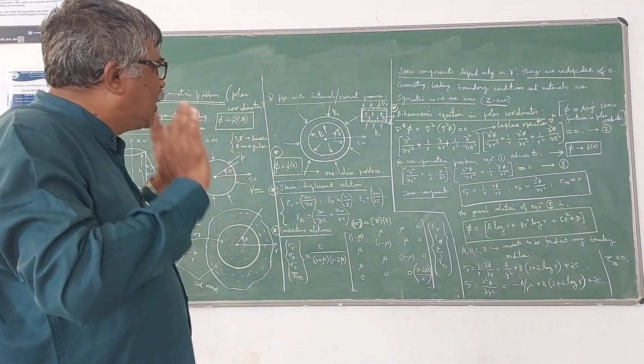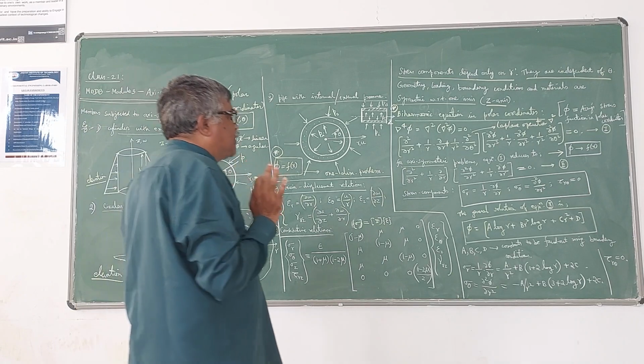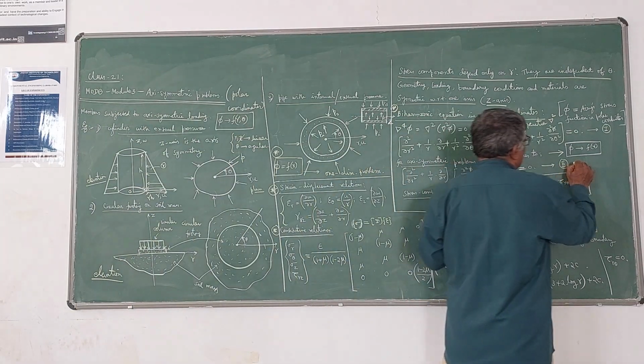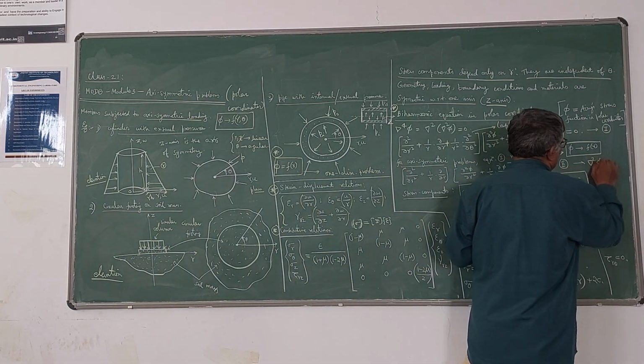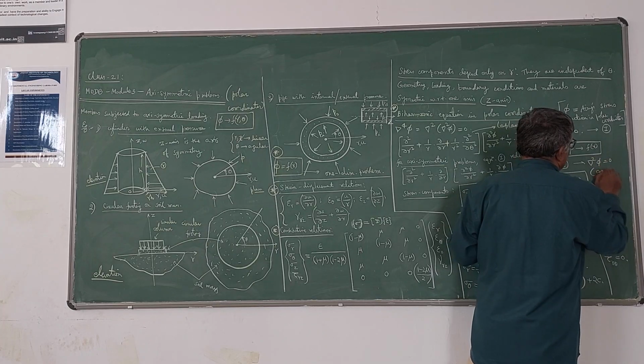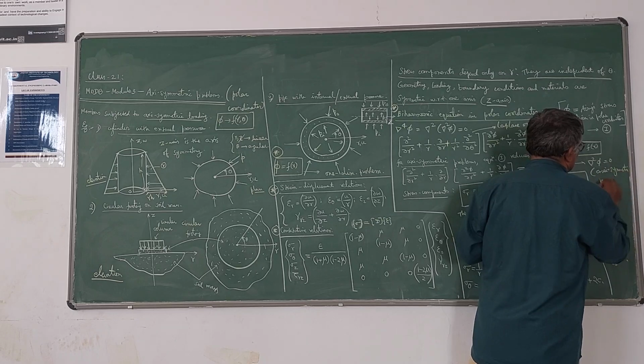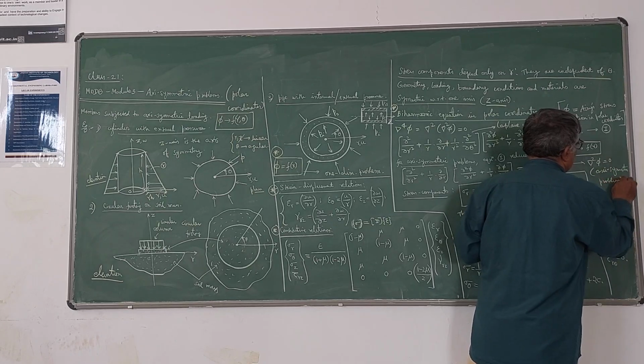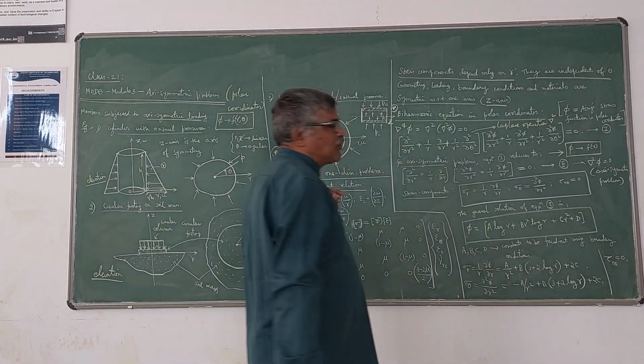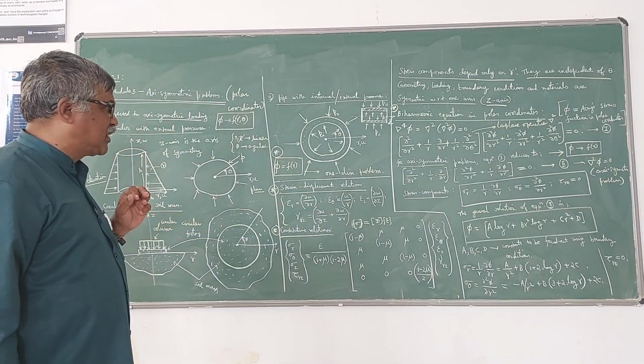Phi depends only on r. So this is your biharmonic equation, del square del square phi equal to 0, for an axisymmetric problem. You have to note this down. The polar coordinate equation is thus reduced to the axisymmetric problem equation.